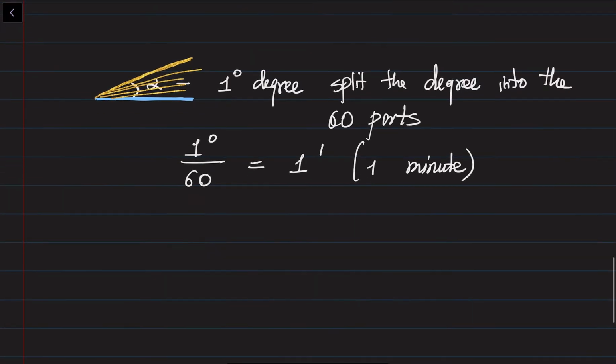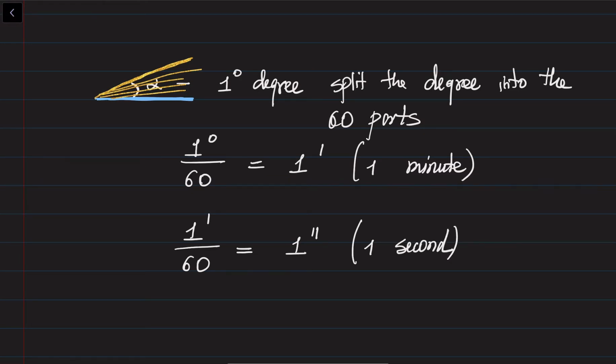At the same time, every minute can be split into 60 equal parts, and we're going to call this the second. So essentially 1 minute divided into 60 parts is going to be called 1 second. And I'm going to put 2 primes on the top of that number, so it's going to be equal to 1 second.